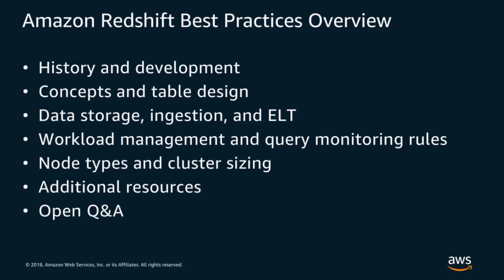Then we'll cover workload management and some of the best practices for configuring that, and then go into node types and cluster sizing and how best to size your Redshift cluster. We'll wrap up with some additional resources for you, some links and things so you can move on to new things. And then with whatever time we have left over we'll do open Q&A.